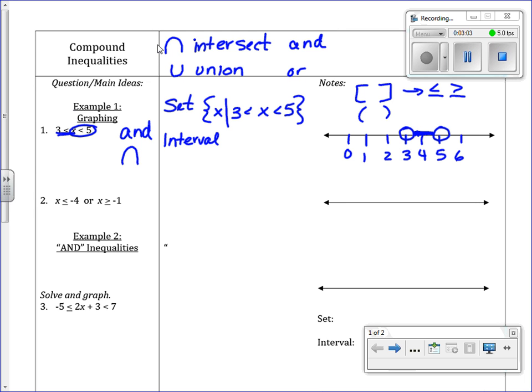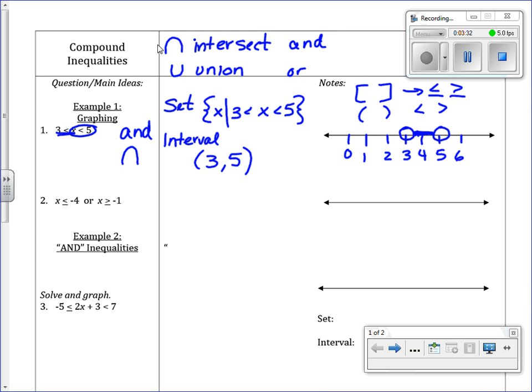Parentheses are used for less than or greater than, all right? Since both of these are less than symbols that we have in our example, the way I'm going to notate that is by this. I would say parentheses, 3, comma, 5. This is my interval notation. Okay, this is set notation, this is interval notation.